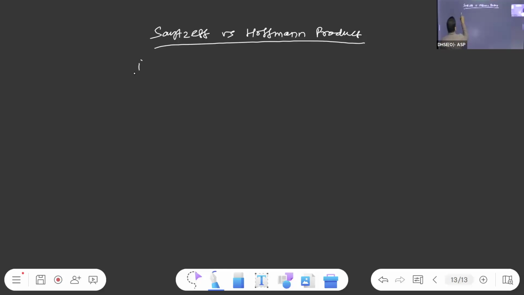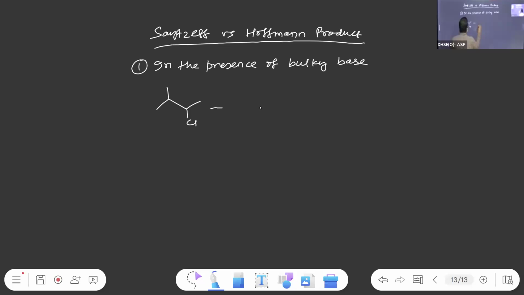So when? First, in the presence of bulky base. Suppose you are taking this chlorine compound, and in the presence of the base tertiary butoxide.